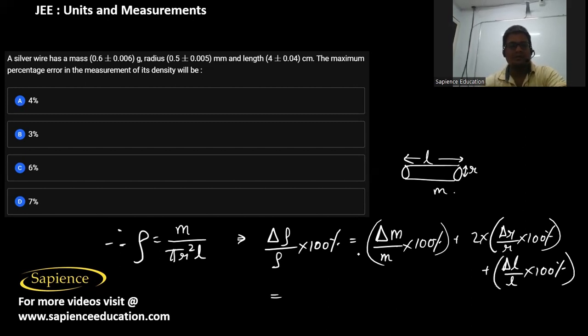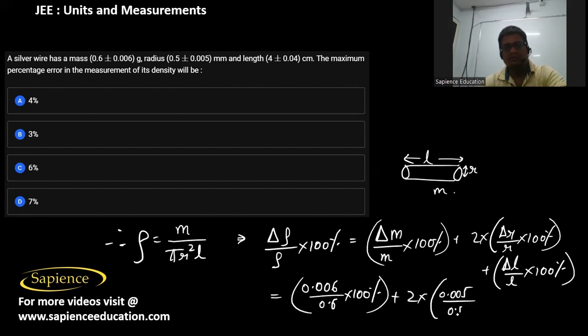So this will be equal to 0.006 by 0.6 into 100% plus 2 into 0.005 by 0.5 into 100% plus 0.004 by 4 into 100%.